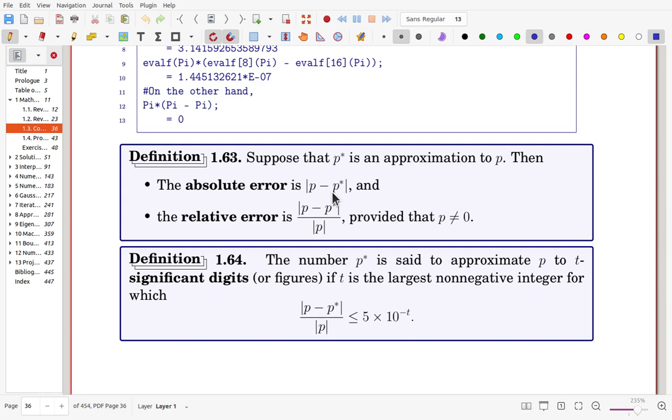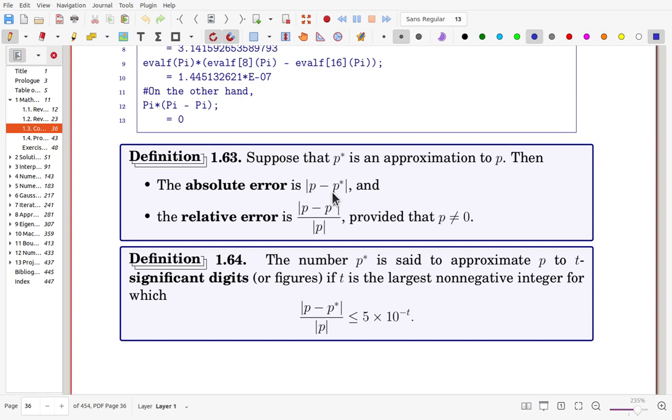However, if the magnitude of P is about 10 to the minus 5, and the error is about 10 to the minus 4, then the error is 10 times larger than the true value.